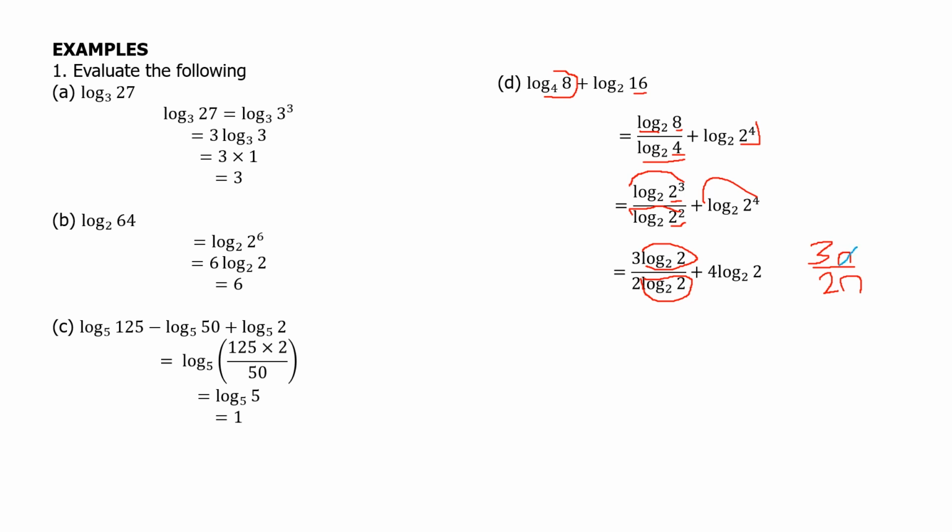So the n will cancel out with the n. Therefore here the log of 2 base 2 will cancel out with the log of 2 base 2. Or we just simply say that the log of 2 base 2 condenses to a 1. So that will be 3 times 1 divided by 2 times 1 plus 4 times a 1, to have the 3 all over 2 plus a 4.